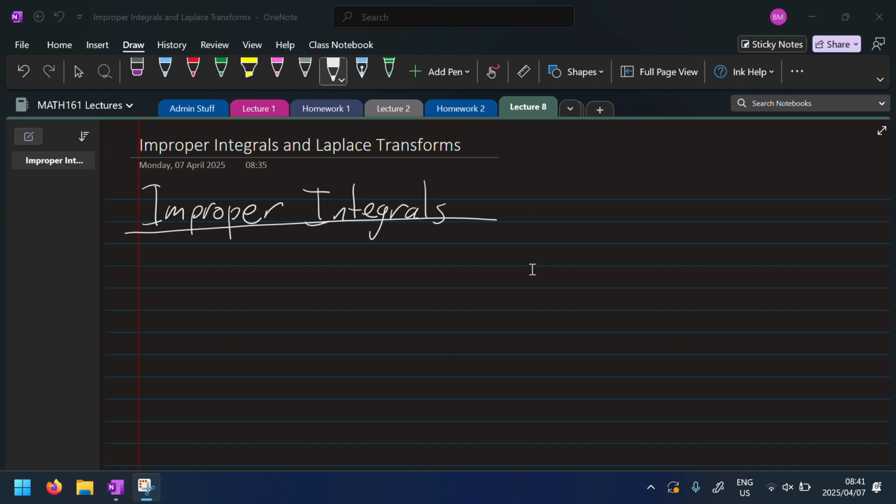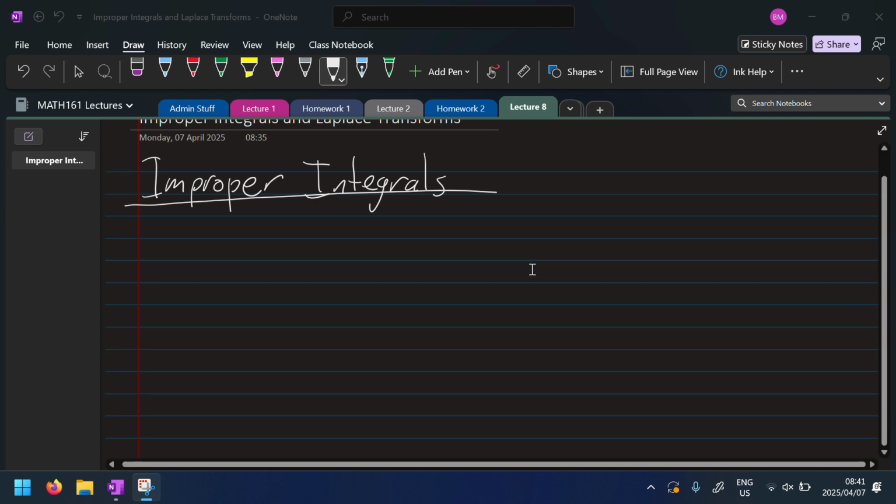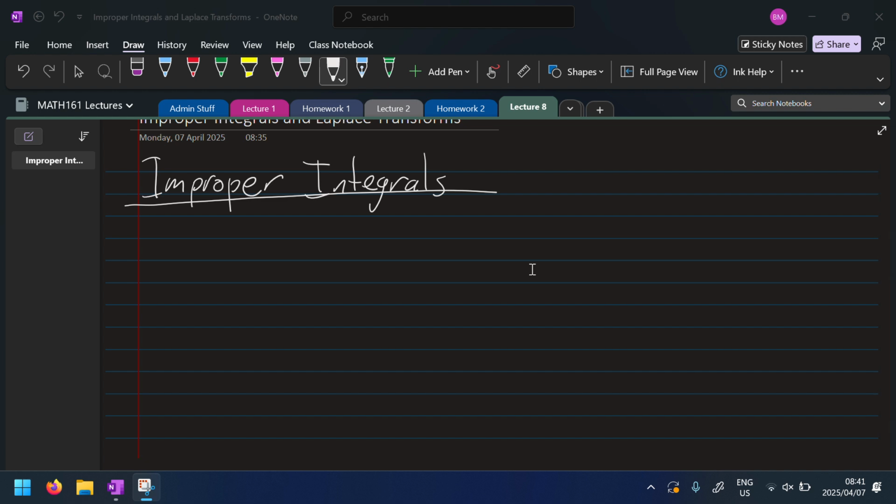But for now, we're going to look at improper integrals, and these come in two types. We've got type 1, which is an integral where the bounds are infinite. So you go from a to infinity, or minus infinity to b, or minus infinity to infinity. Whenever there's some infinity in the bounds, we call that an improper integral.